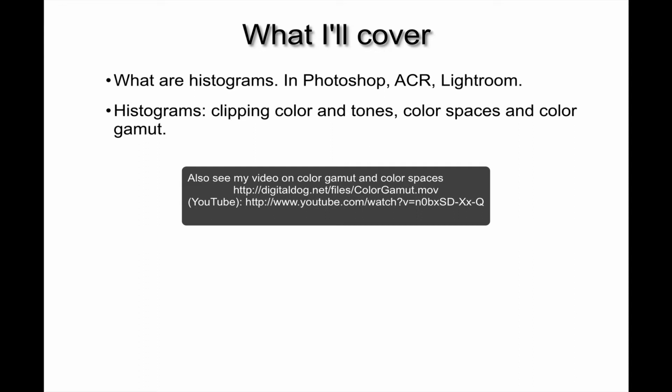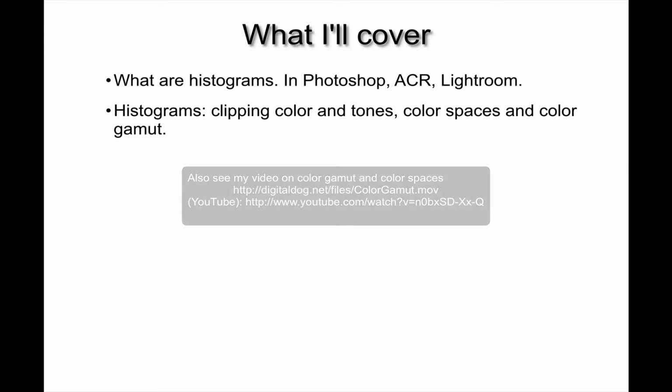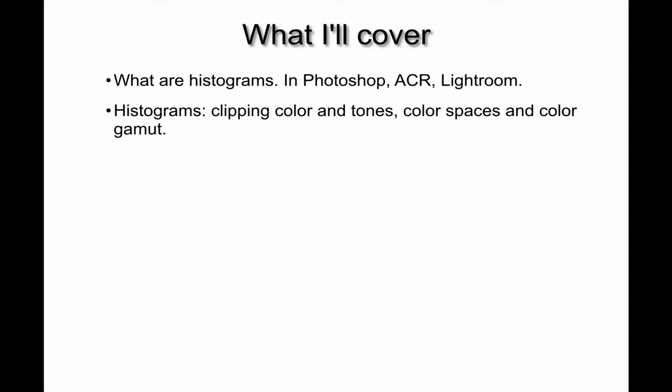Let me point out that reading some of these tutorials on the web and articles about histograms, it seems there's basically two general trains of thought. Either a histogram is the greatest visual aid to working with images and evaluating them known to man and dog, or you should just kind of ignore them.